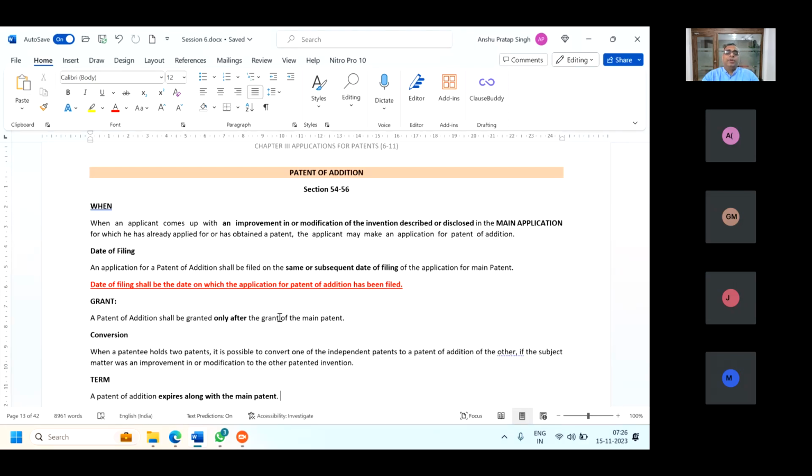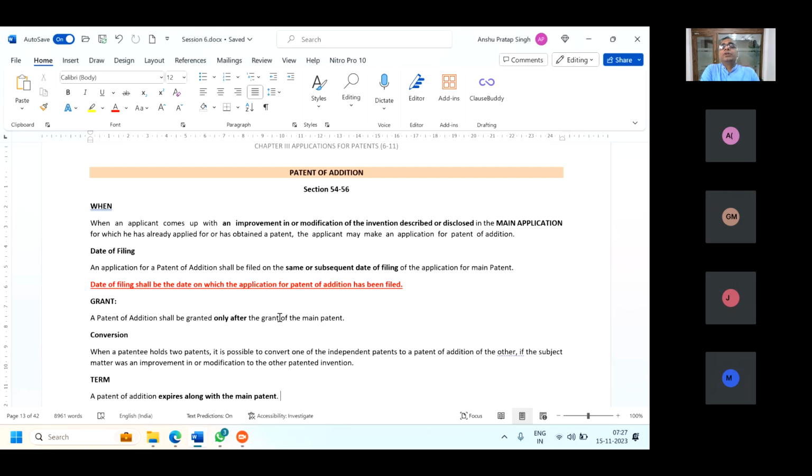Now, there can be a scenario where you got a patent, but you know that it is getting challenged or there is some other problem, and the one patent is nothing but an improvement of the earlier patent. Then you can get it converted so that your improvement patent does not get invalidated in any proceeding.